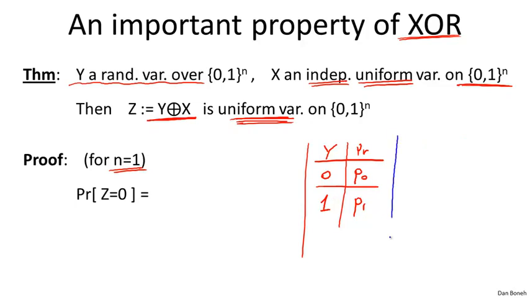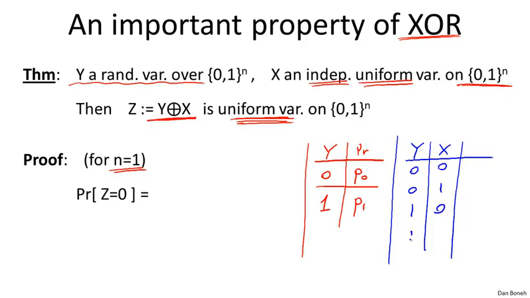Now let's write out the probabilities for the joint distribution. In other words, let's see what the probability is for the various joint values of y and x. How likely is it that y is 0 and x is 0, y is 0 and x is 1, y is 1 and x is 0, and 1, 1. Because we assume the variables are independent, all we have to do is multiply the probabilities. The probability that y is equal to 0 is p0. The probability that x is equal to 0 is 1/2.